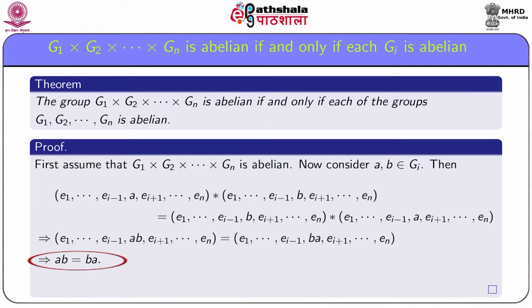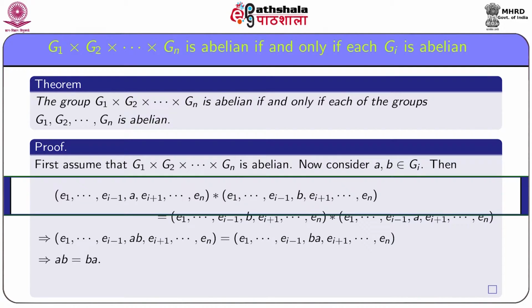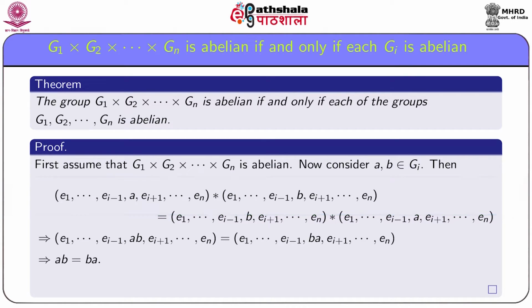We are to show that ab is equal to ba. Consider two elements from the Cartesian product, namely (e1, ..., e_{i-1}, a, e_{i+1}, ..., en); that is, the ith component is a and all other components are the identity element of the corresponding group. And we consider the second element of the Cartesian product as the one whose ith component is b and all other components are the identity element of the corresponding group.